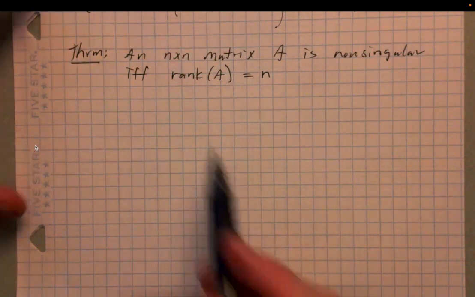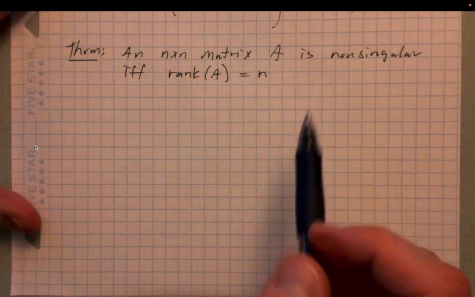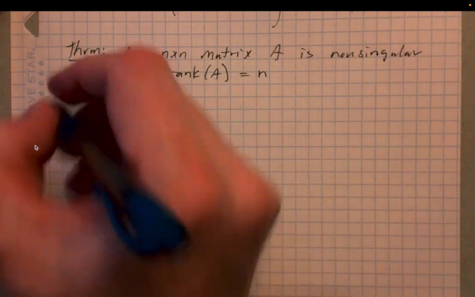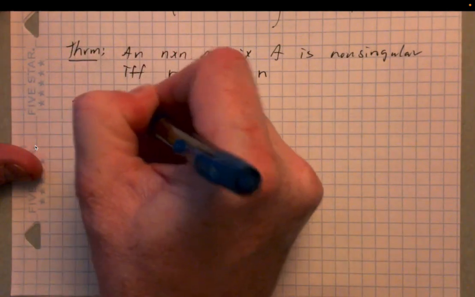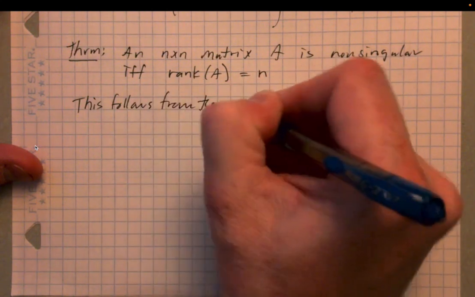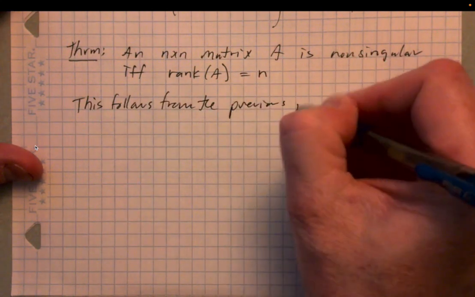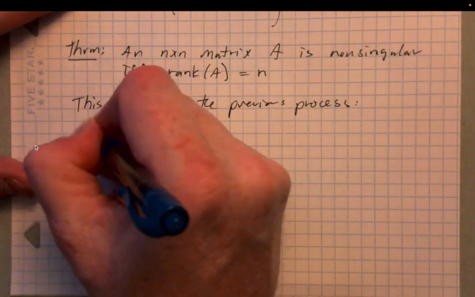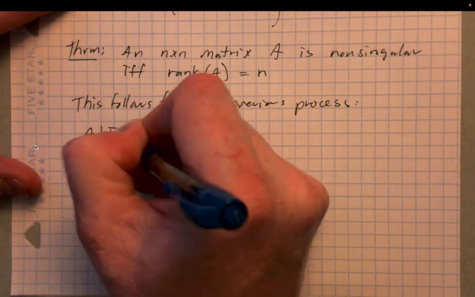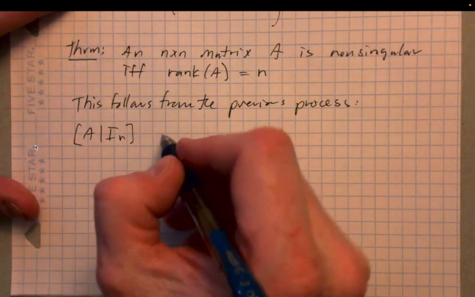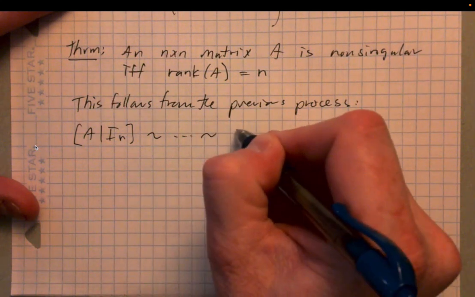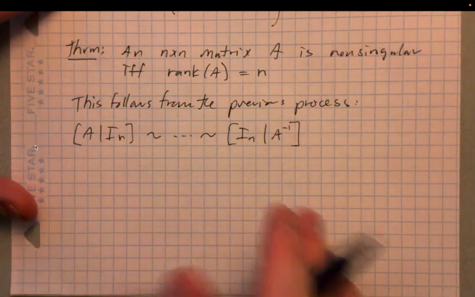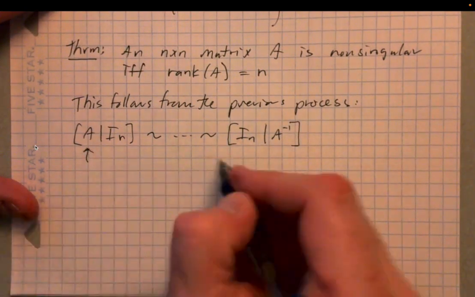Okay. So we won't prove this, but we can outline the proof, right? We can kind of give the reason. It follows from the previous process, doesn't it? Namely, if you have A augmented with I_n, this can only be reduced to I_n, A inverse if A has n pivots.